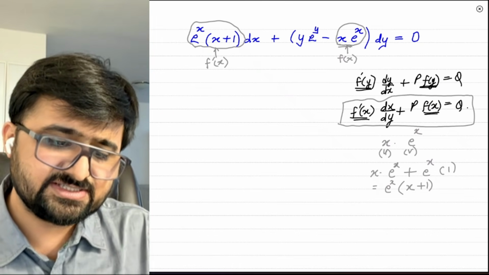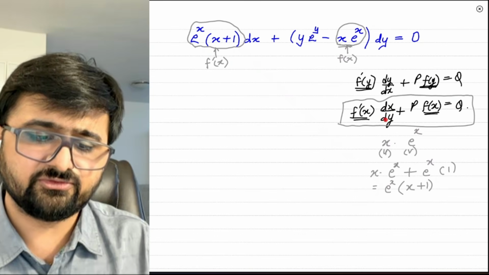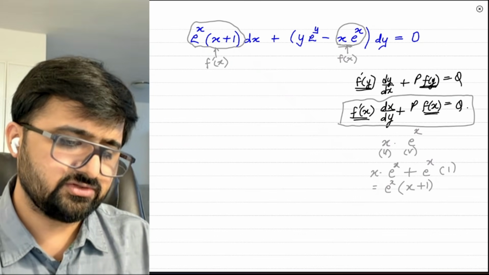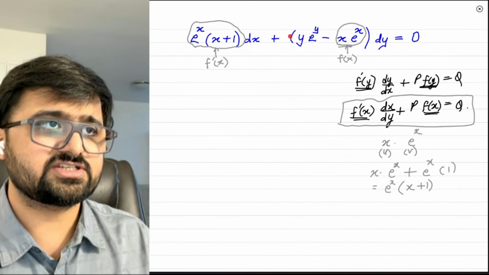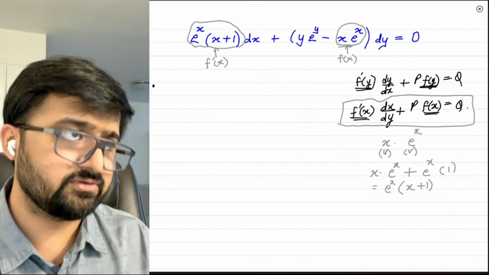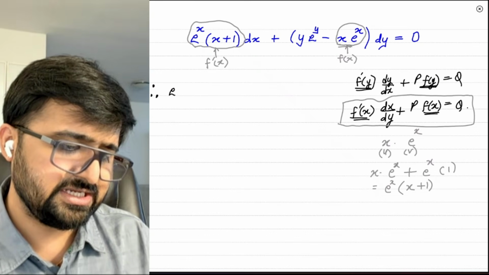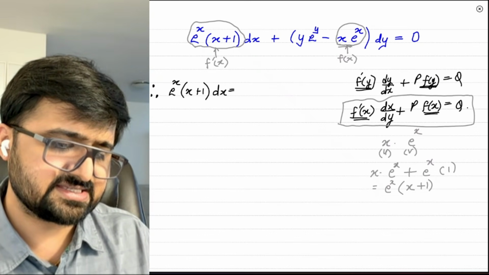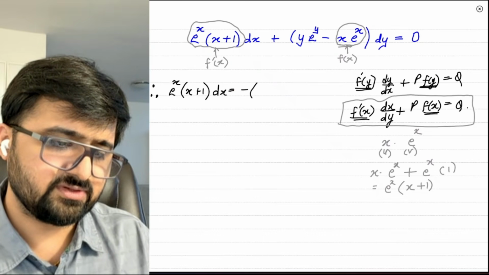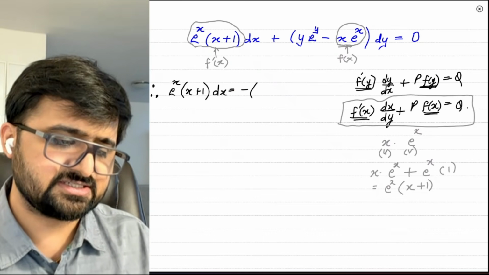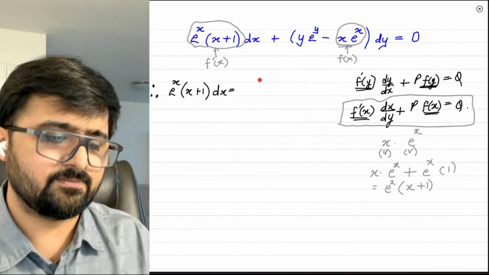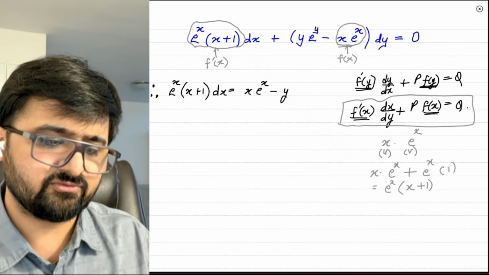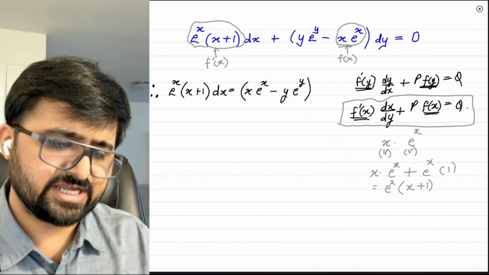Since it's of this type, you need to first find dx by dy here. In order to find dx by dy, let's just shift this term on the right hand side. Therefore, I have e to the power x, x plus 1 into dx is equal to minus of, or if you shift it on that side, just the signs will change. This negative will become positive, x e to the power x, and this positive will become negative, y e to the power y times dy.